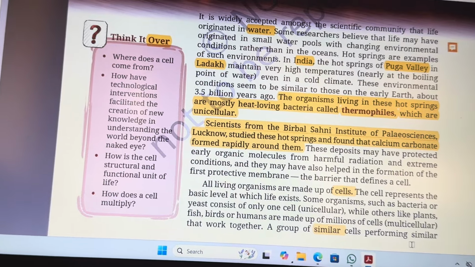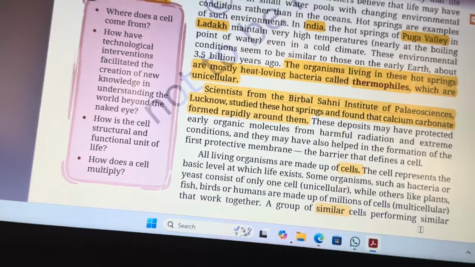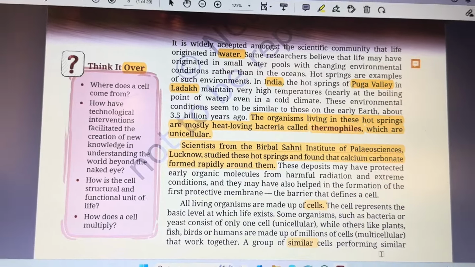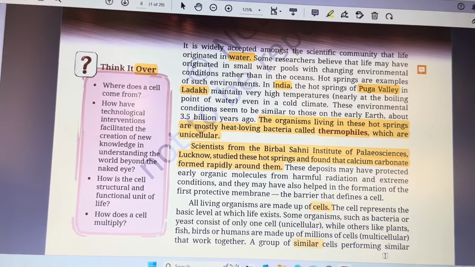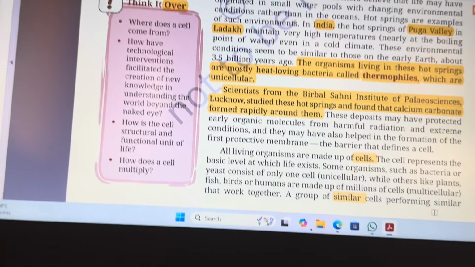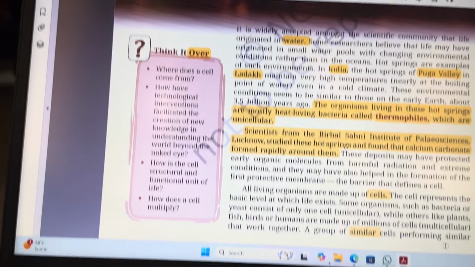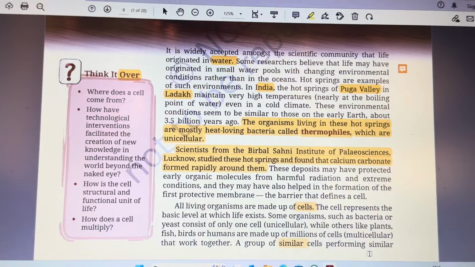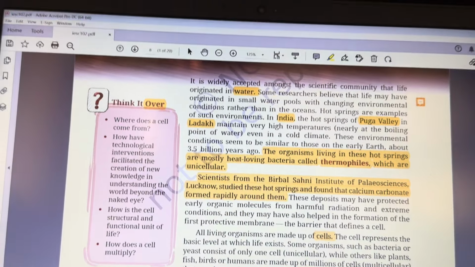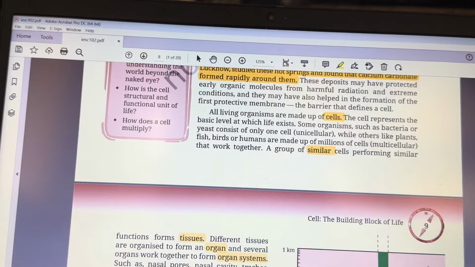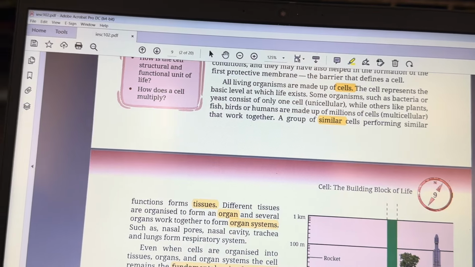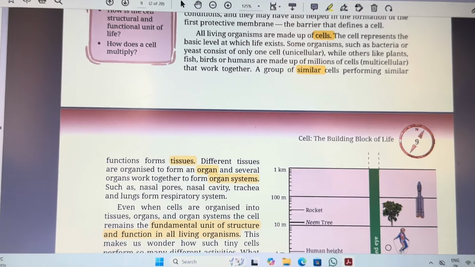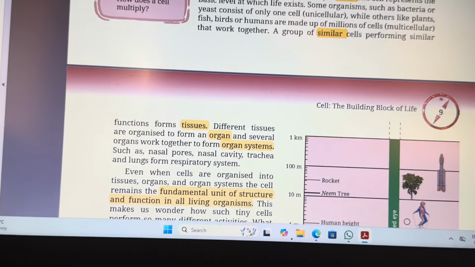In multicellular organisms, there are groups of cells which perform a specific life process, like one group of cells for respiration, one group for excretion, one group for digestion. A group of similar cells performing similar functions form tissues.